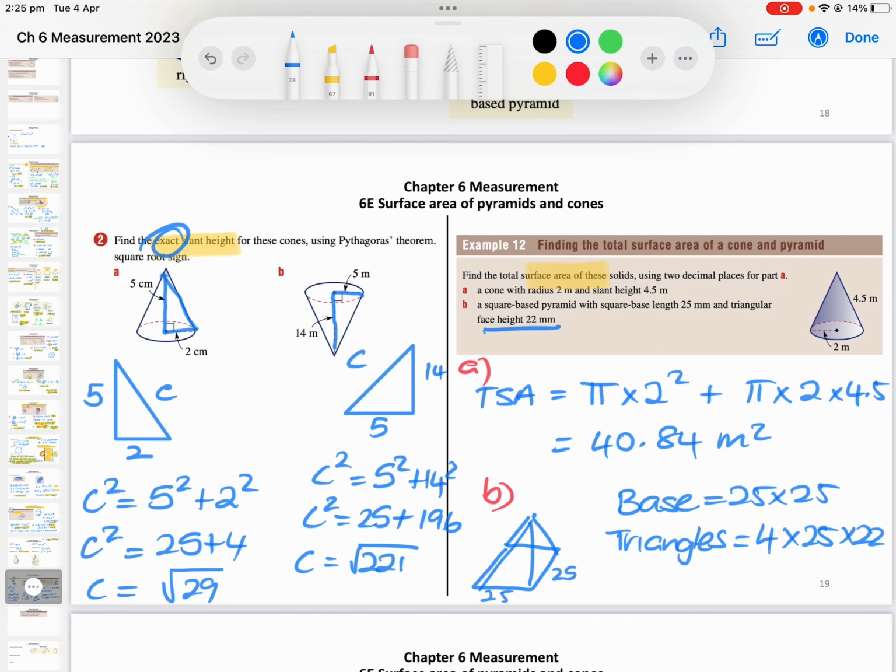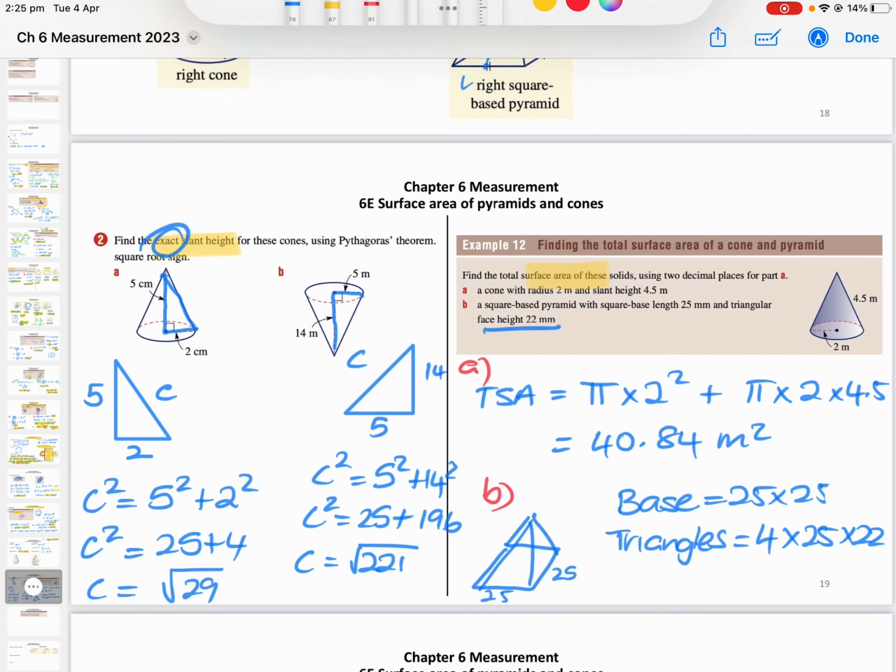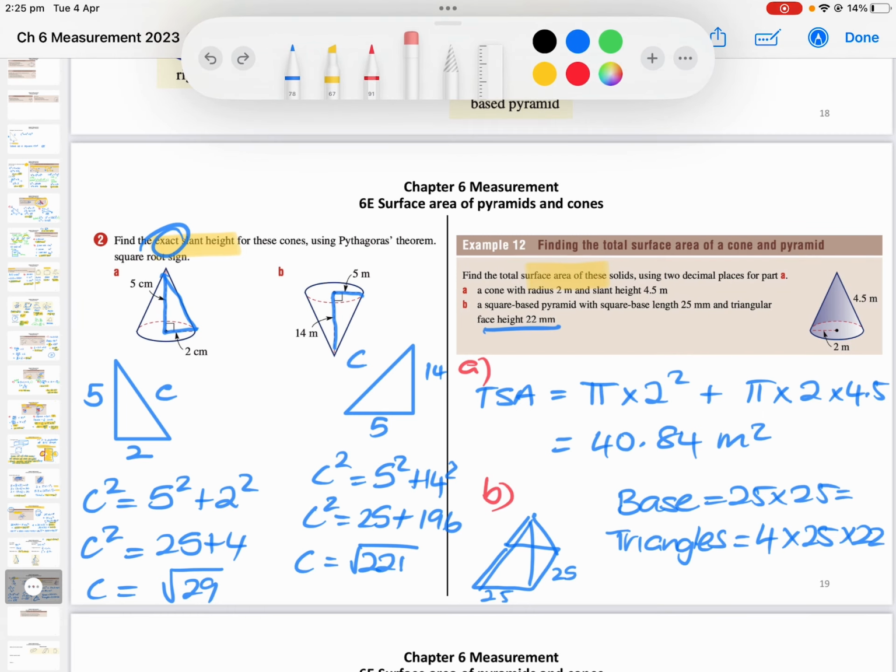So if I add together 25 squared, 25 times 25, add it to that, I will get my answer, which is 1725 millimetres squared.